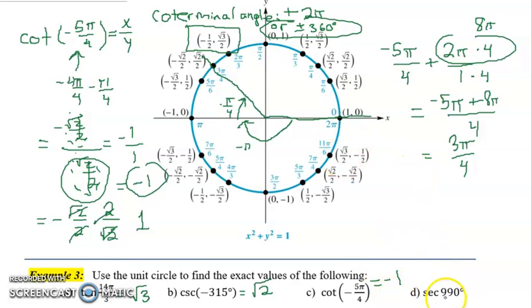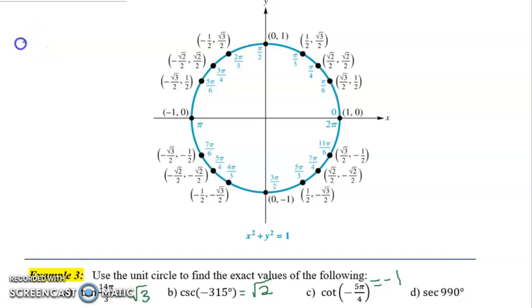Okay, and then the last one, secant of 990 degrees. That's bigger than 360 degrees, which is one full rotation.